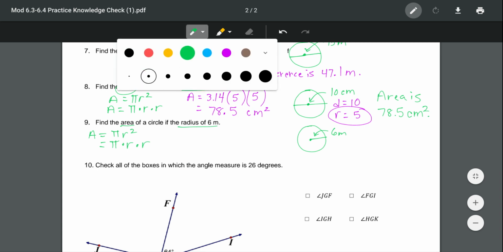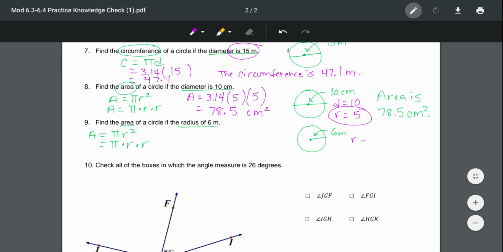To solve this, you just plug in 6 because the radius you already know is 6. So area would equal 3.14 times 6 times 6. Go ahead and multiply that out, and you get that the area is 113.04 meters squared.